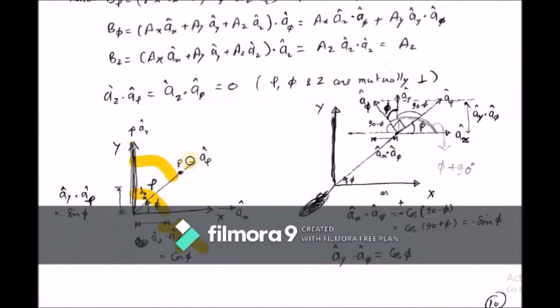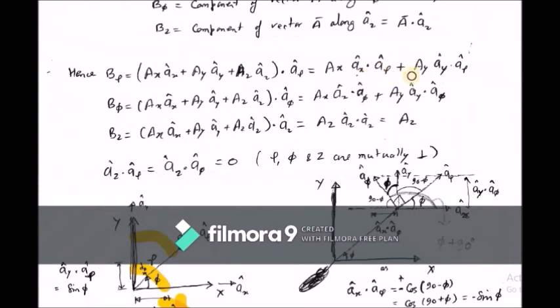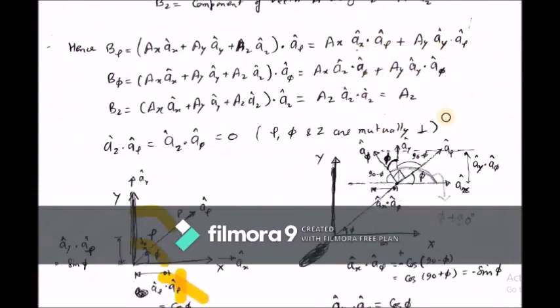So overall a rho dot ay is cos of 90 minus phi, that is sin phi. So we get a rho dot ax is cos phi and a rho dot ay is sin phi, and since ax dot ay is the same as ay dot ax, I can write it like ay dot a rho also. So these are the two relations, ax dot a rho and ay dot a rho. Now I have to calculate ax dot a phi and ay dot a phi.